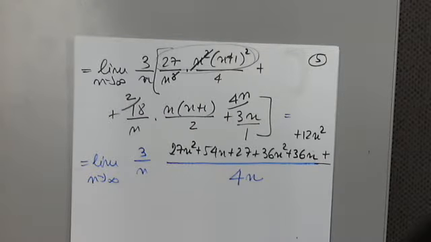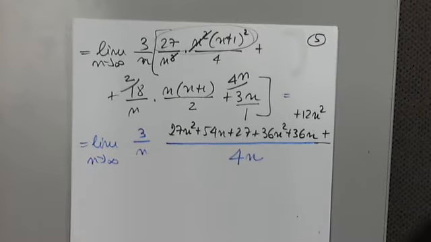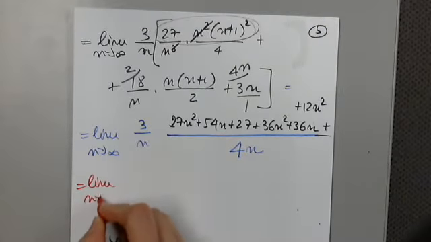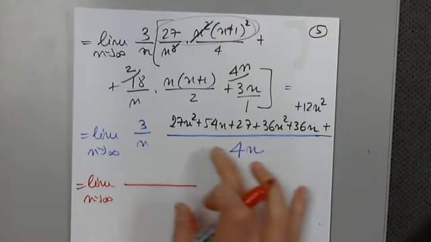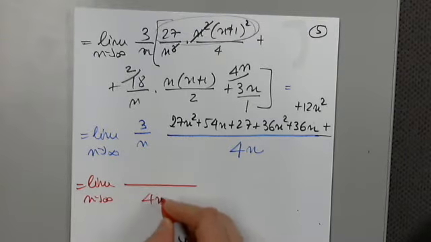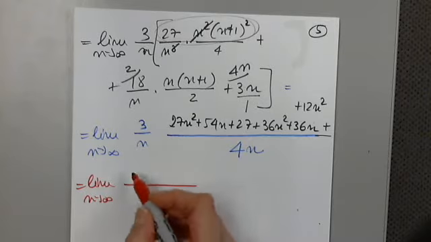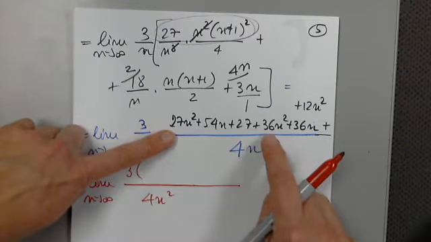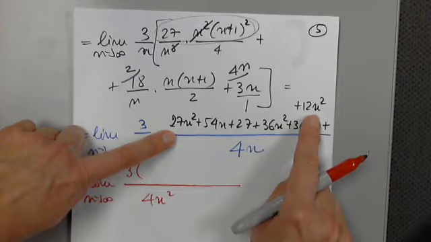Do we all have this? Okay, so now combine like terms. So this is limit n approaches infinity. The denominator now is 4n squared. And then I have 3, and in parentheses, 27 plus 36, and plus 12.